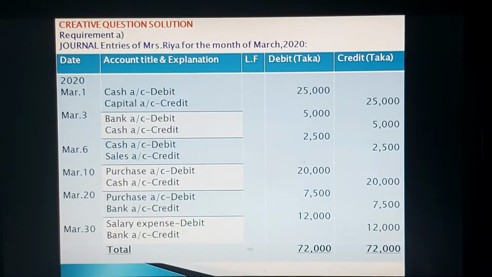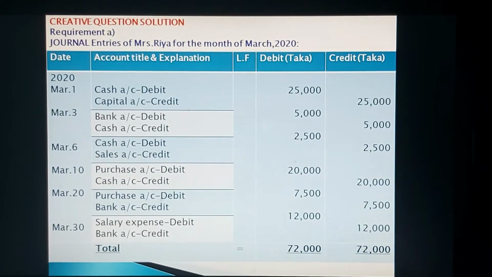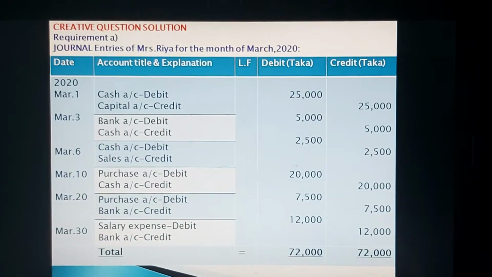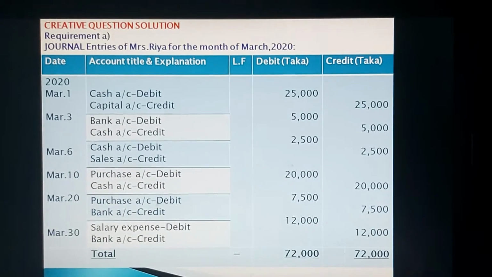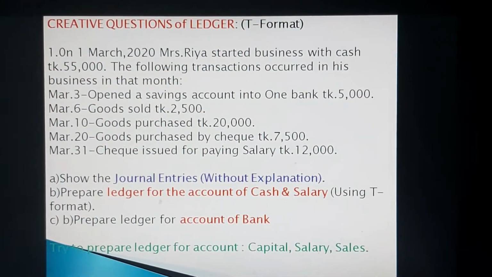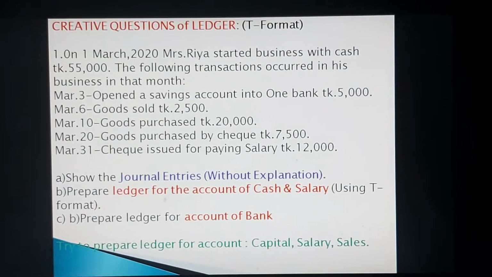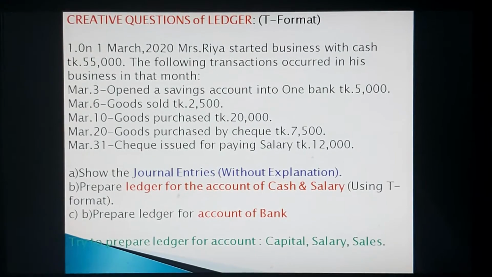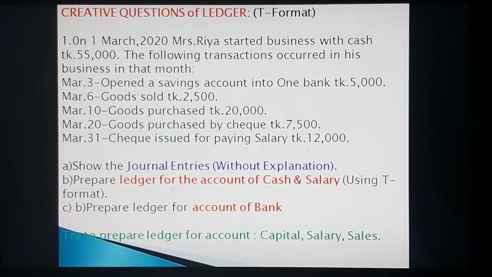Creative question solution. Requirement A, journal entries of Mrs. Ria for the month of March 2020. Okay. Now go to the question for journalizing. March 1, Mrs. Ria started business with cash taka 55,000.